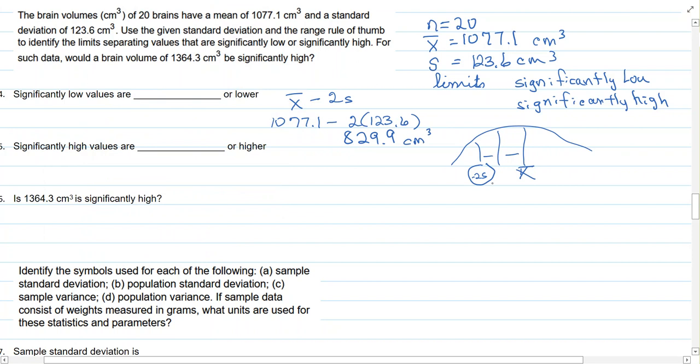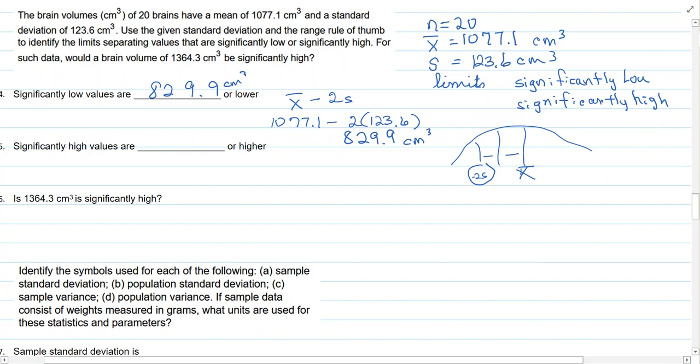That's the position of this negative 2s from the mean. And so I'm going to put right here 829 and 9/10 centimeters cubed or lower is significantly low.